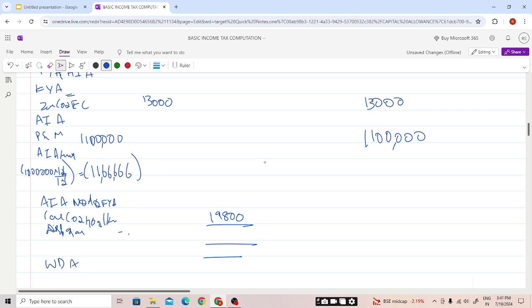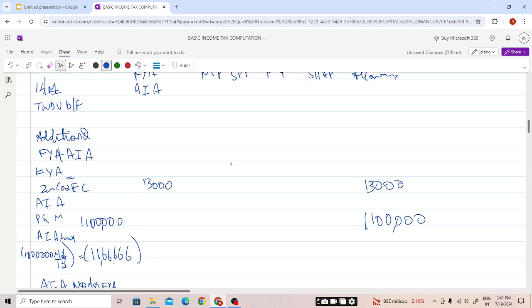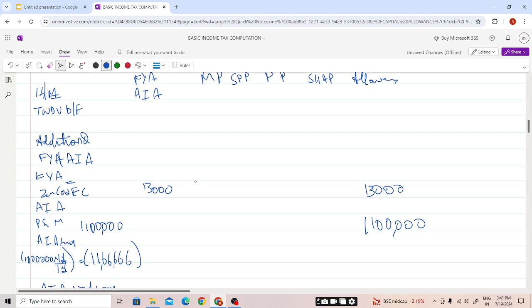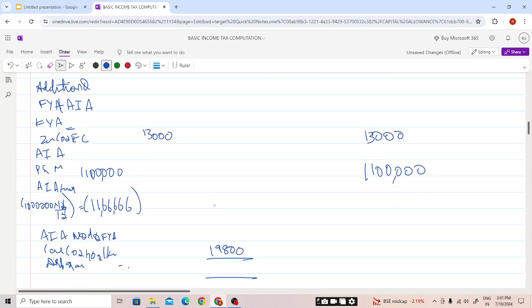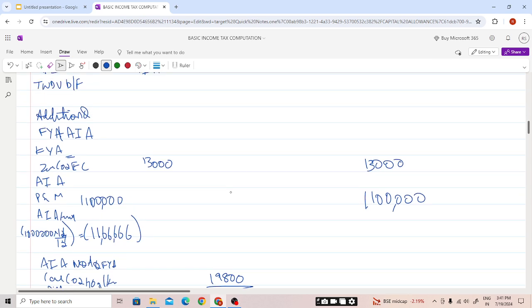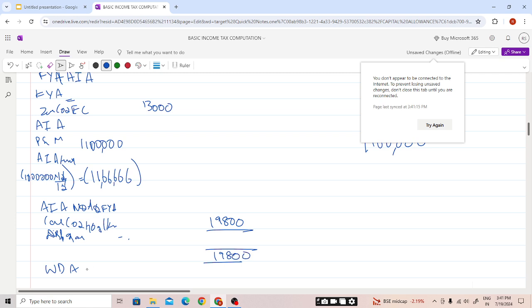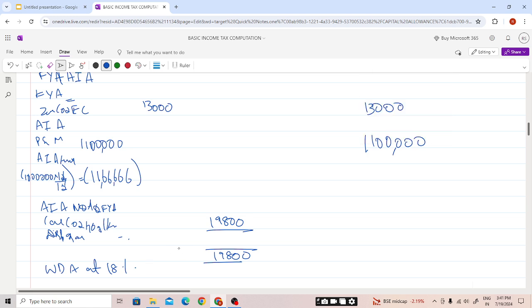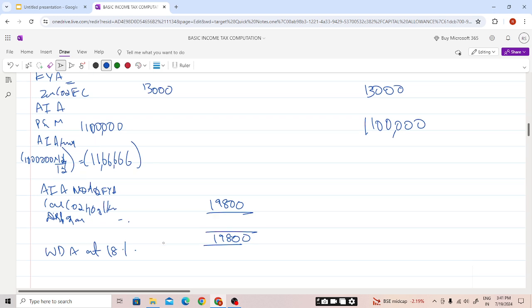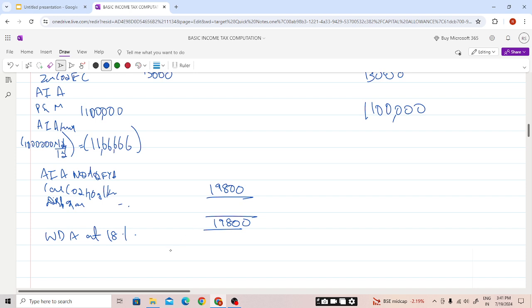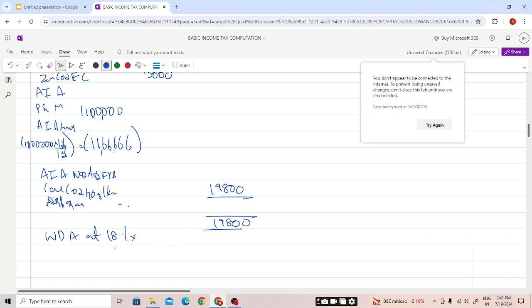WDA will be calculated on the brought forward balance plus additions which do not qualify for FIA and AIA, and no excess amount. So this will be 19,800 at WDA of 18%. Students, you need to remember one point: for a short or long period of account, we need to adjust it. Do not make this mistake.